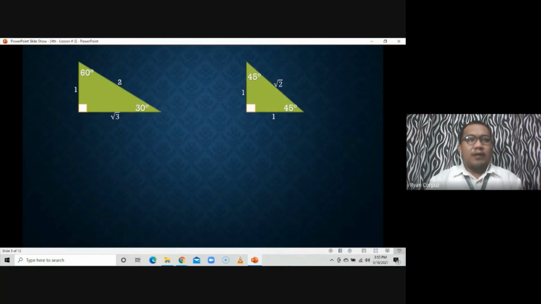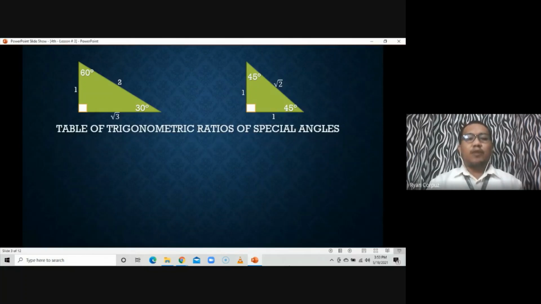So, tinatawag natin siya as unit triangle. Because in a 30, 60, 90 degree special right triangle, the measure of the shorter leg is 1 unit. While in a 45, 45, 90 degree special right triangle, the measure of the leg is 1 unit. So, from there, we can form yung tinatawag nating table of trigonometric ratios of special angles.